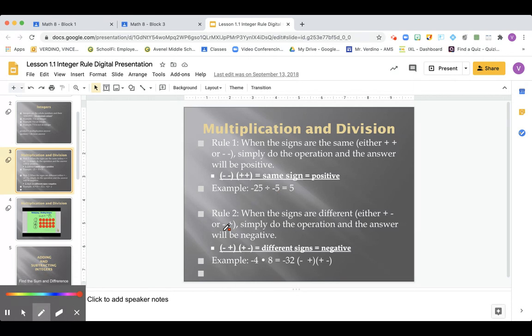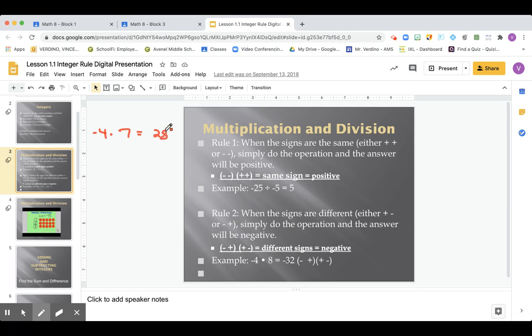Rule number 2 states that when the signs are different, one is positive, one is negative, you simply do the operation and the answer will be negative. So if I had -4 times +7, 7 times 4 is 28.